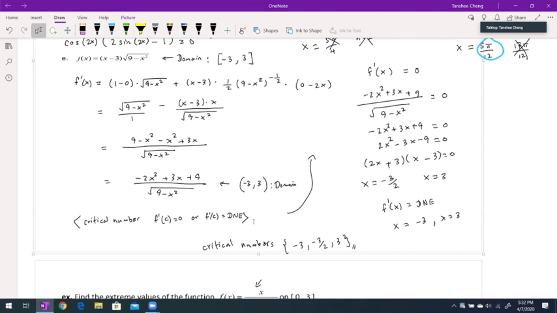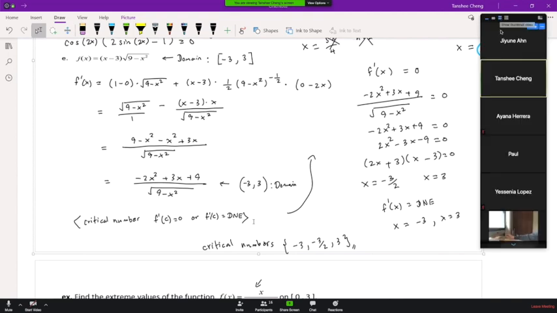Example E. So in example E, the function f is given to you as x minus 3 times the square root of 9 minus x squared. And I already pointed out that the domain of this function is only between negative 3 and 3.